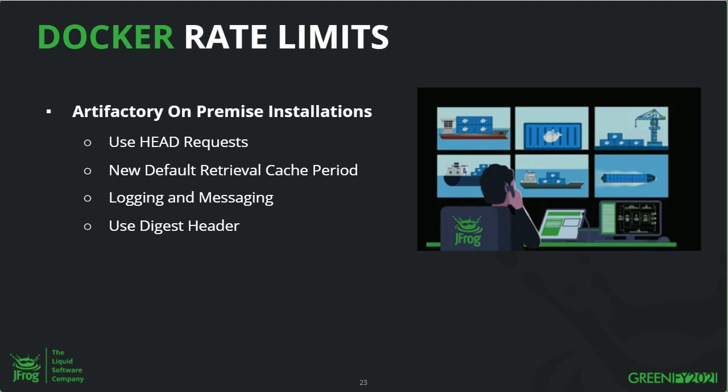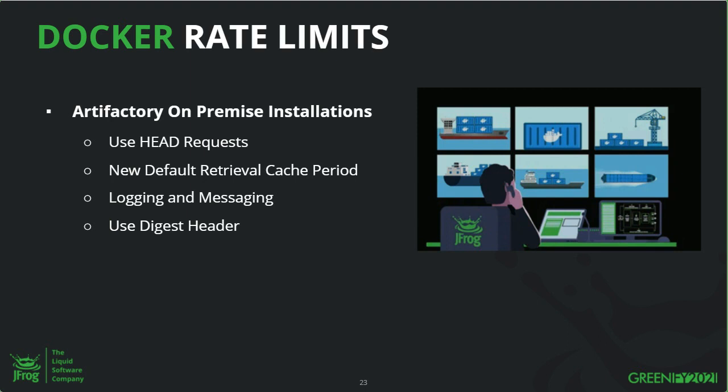In the last 3 versions, we also added new logging and messaging that helps you monitor and understand each response from Docker Hub or from the Docker client, to make it easier to understand why you are failing, and maybe that you reached the specific limit you are using right now.